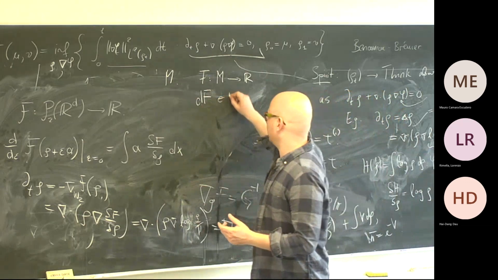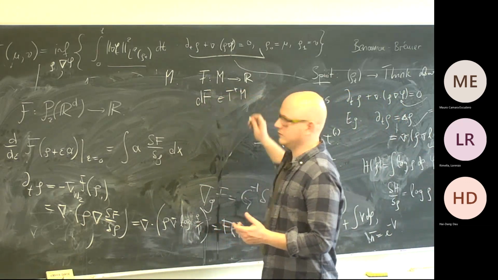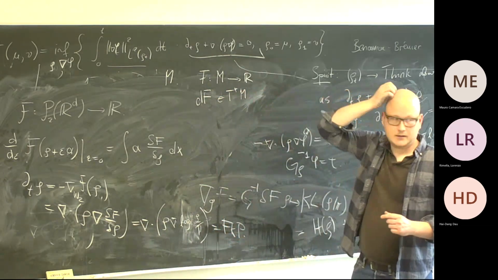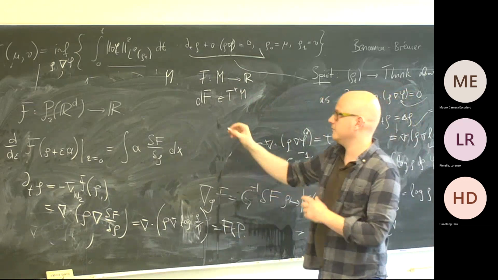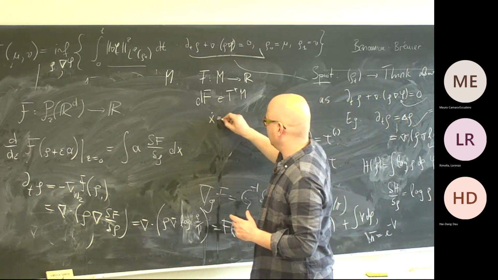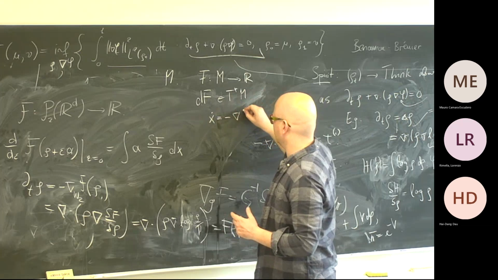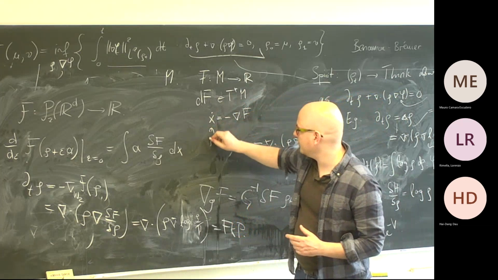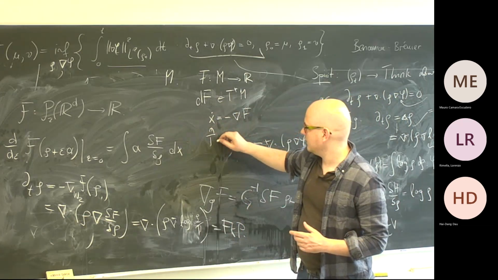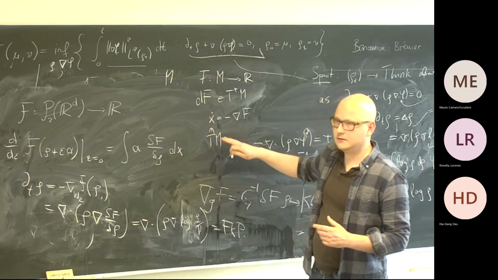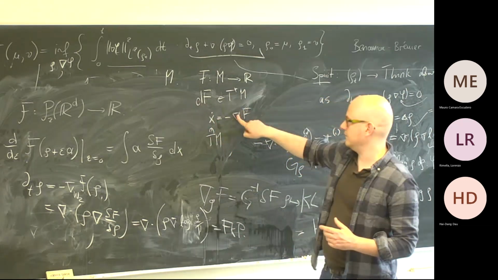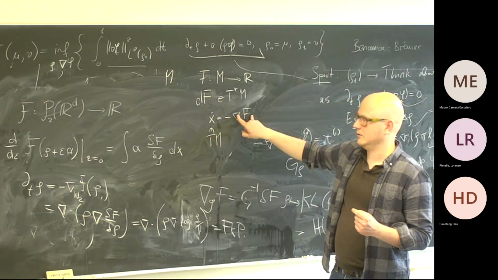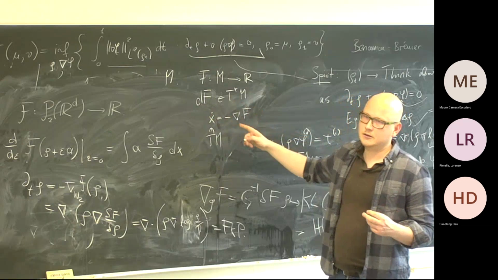It's in the cotangent space. So the problem is that if you want to write an equation like this, it's not really possible. This is in the tangent space, on the tangent bundle. If I do the D, this is going to be in the cotangent. So this kind of equation doesn't really work.